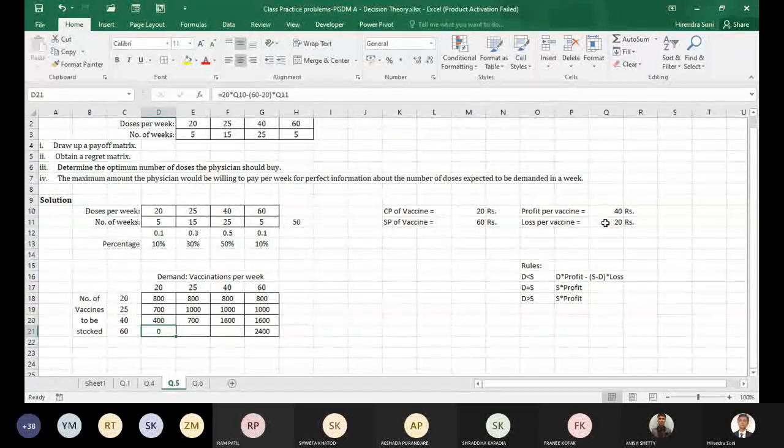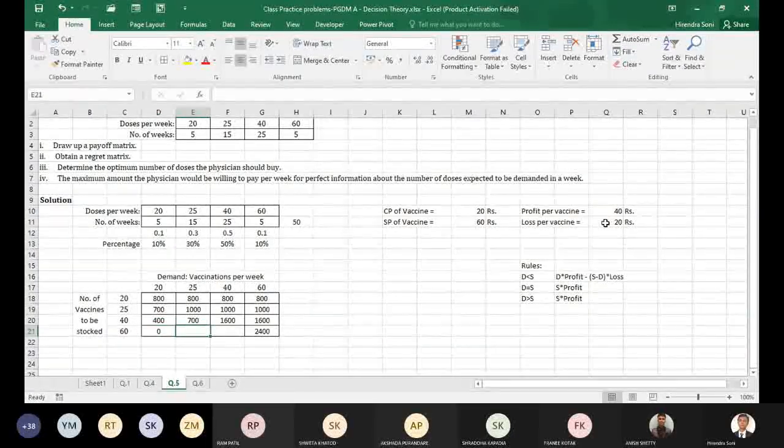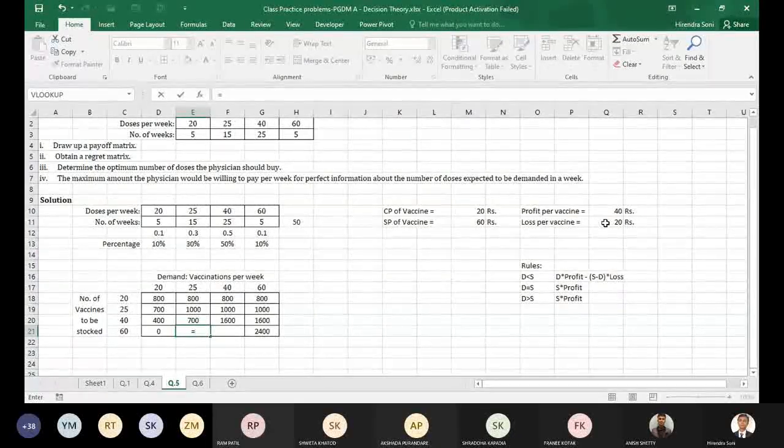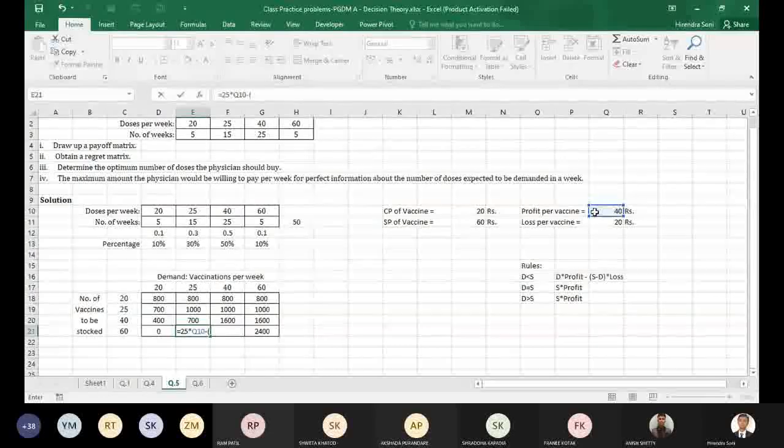Correct? Let us look at this one. Equals to आपका कितना patients आया? 25. So 25 patients पे you will earn profits at the rate of 40 rupees, minus you will lose for 60 minus 25 at the rate of 20 rupees.